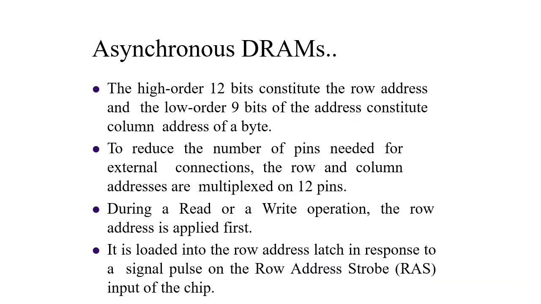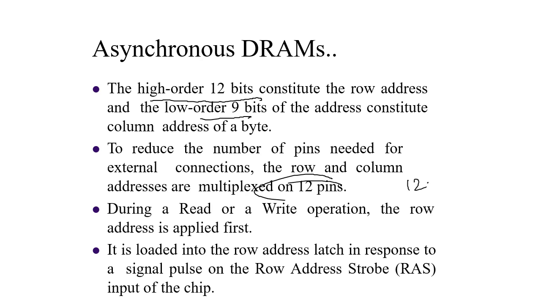As we discussed earlier in the previous slide, we have the higher order address of 12 bits that constitute the row address, and the lower order address of 9 bits that constitute the column address. To reduce the number of pins needed for the external connections, we have multiplexed 12 pins.